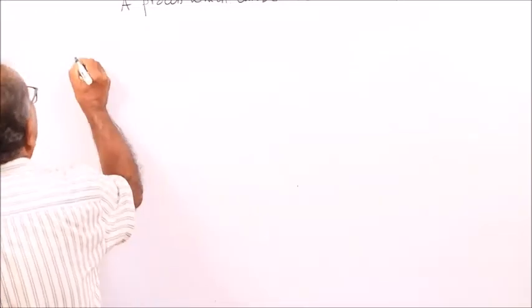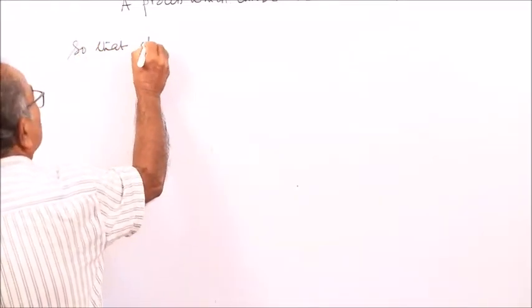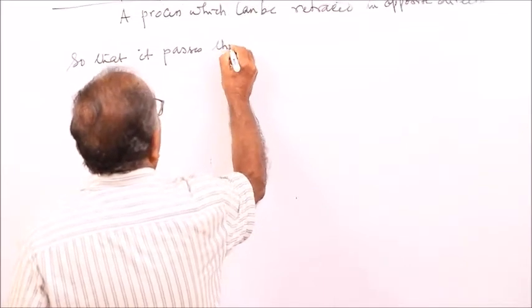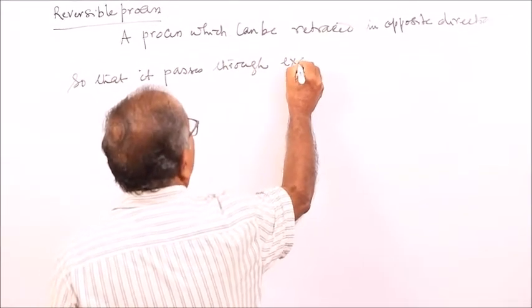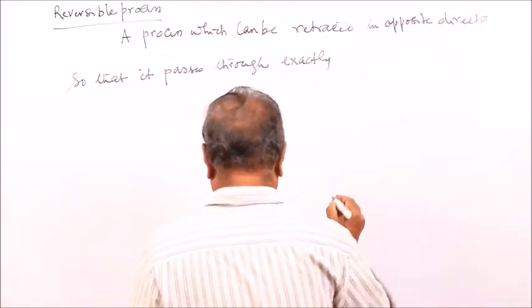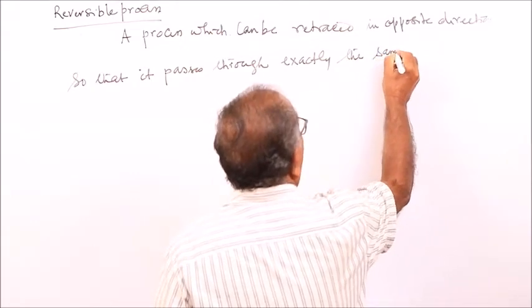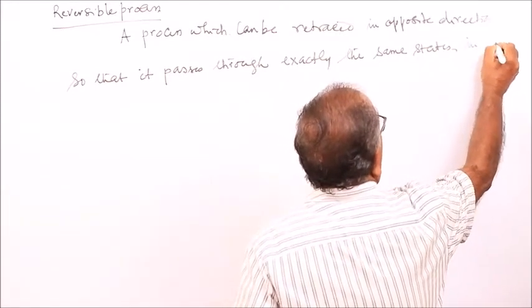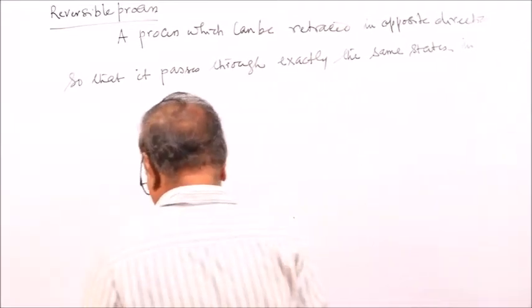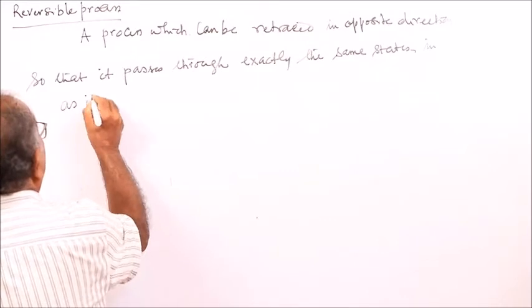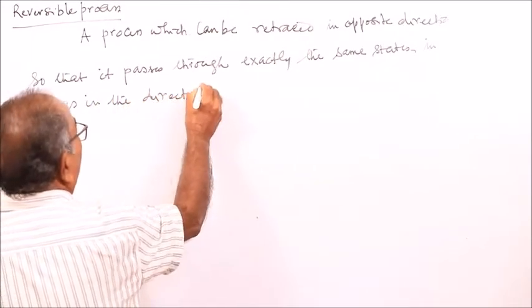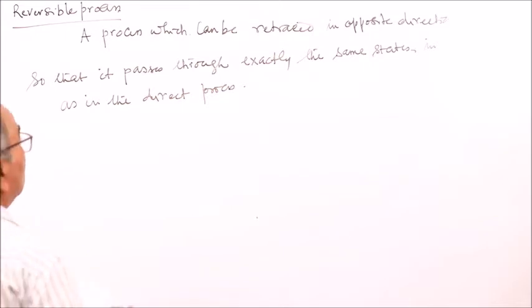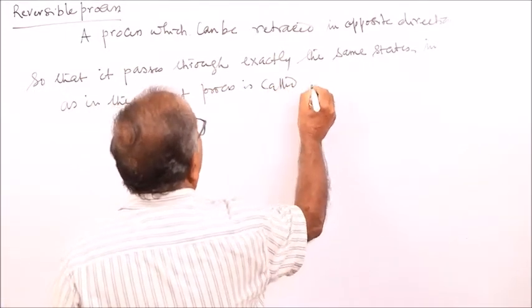so that it passes through exactly the same states, in all respects, as in the direct process, is called a reversible process.